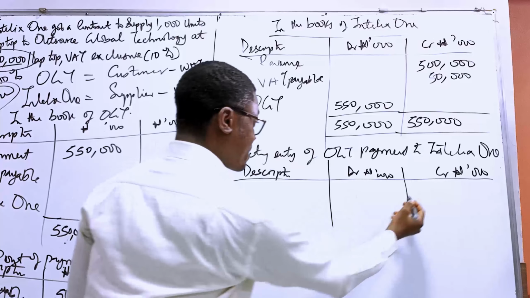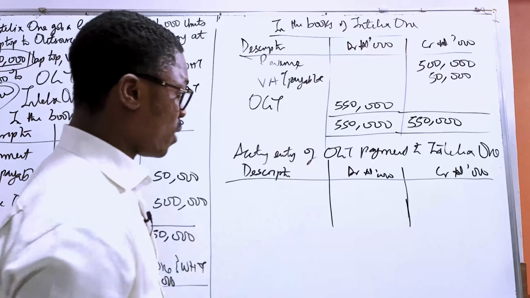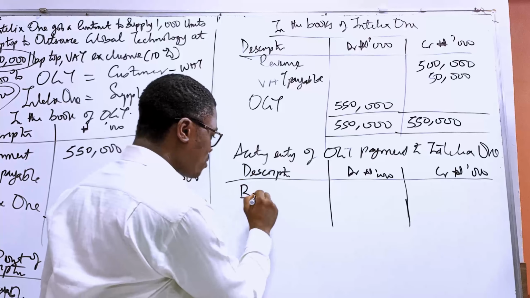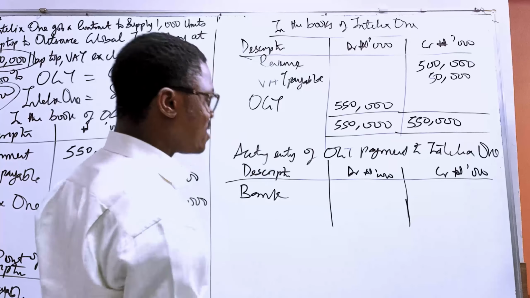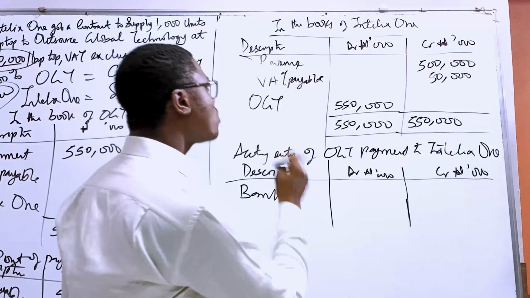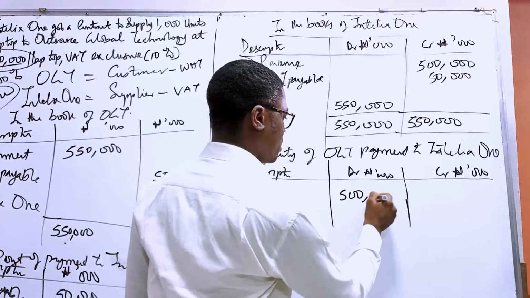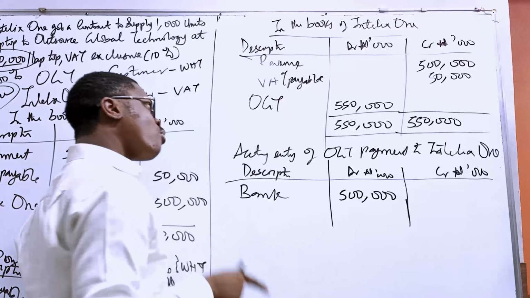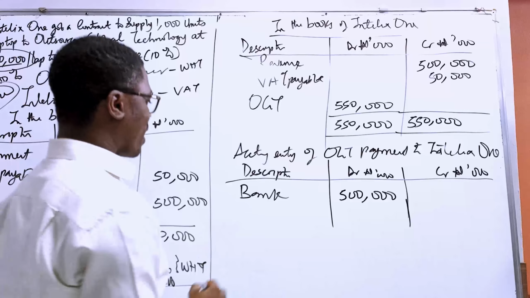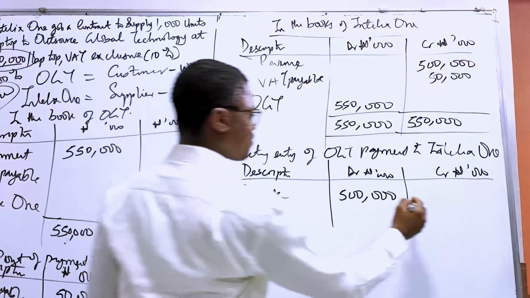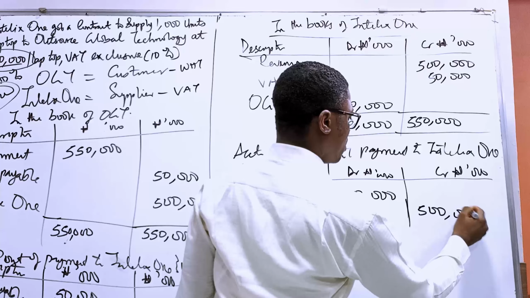At that point of payment to Intellix One, what would happen? That simply means that the bank account of Intellix One will be debited with what OGT paid, and that is 500 million naira, while the books of OGT with Intellix One will be credited with 500 million naira.